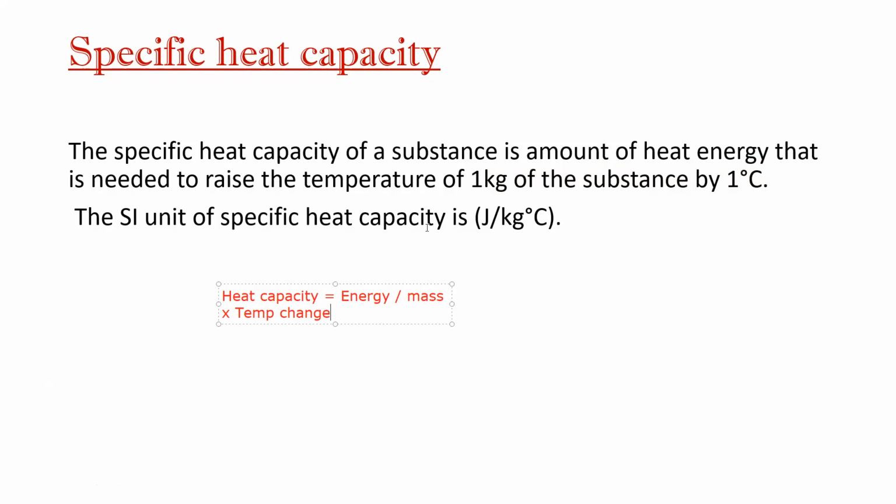So this is the formula we use for specific heat capacity. Specific heat capacity is how much energy is needed for a 1 kilogram object, but heat capacity is not about the mass of an object. It is simply the energy needed to change the temperature.